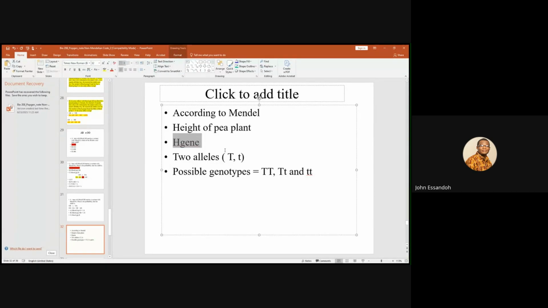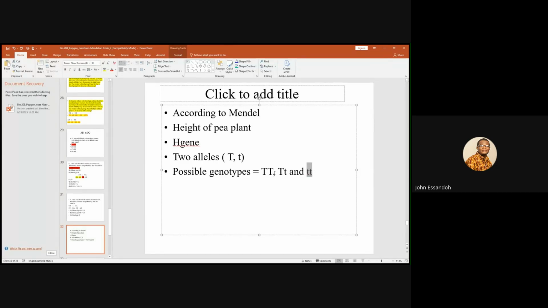But we are diploid organisms, meaning that we have two sets of chromosomes, which we inherit, one set from our mom and the other set from our dad. So these are the two possible combinations. Within the population, the alleles will be capital T and small t. Some individuals have capital T capital T, others capital T small t, and others small t small t.